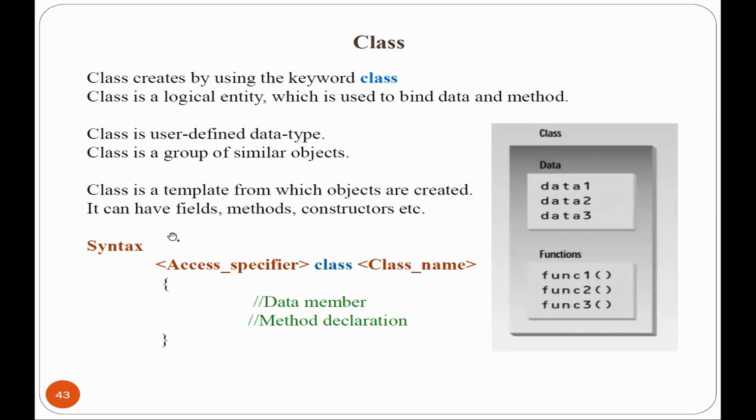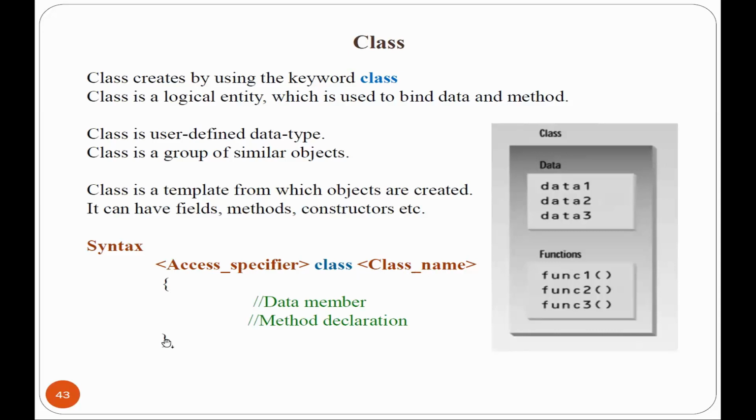So what is the syntax of implementing a class? Access specifier may be public, private, or protected. If you are not putting any access specifier, by default the class is private. Access specifier, then the keyword class, and the class name.